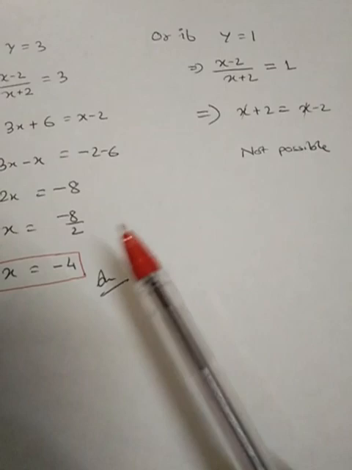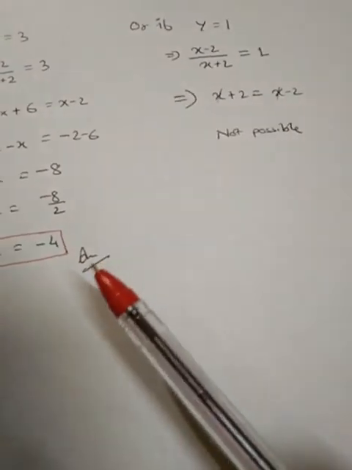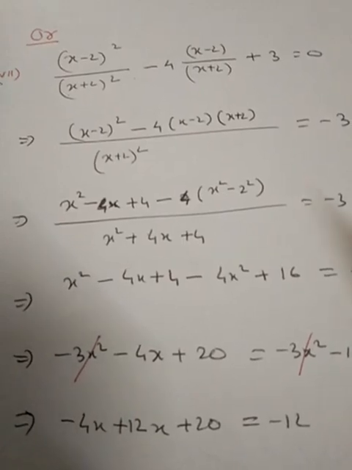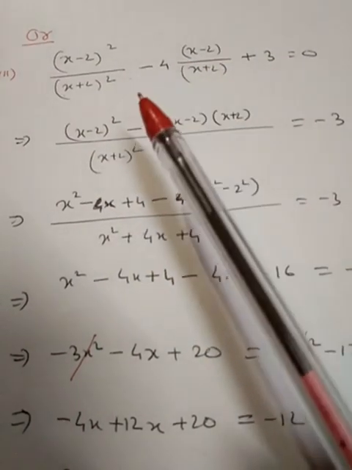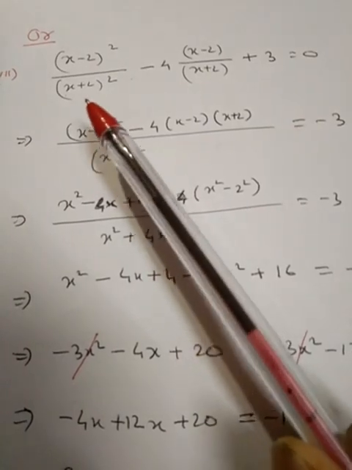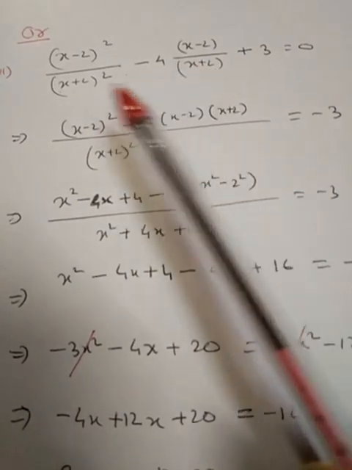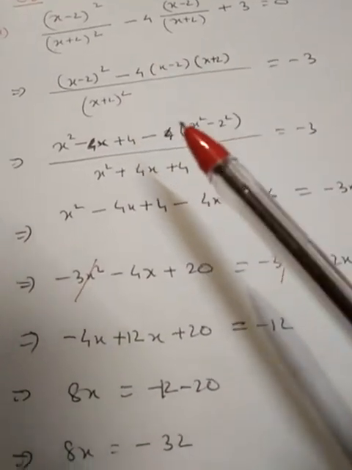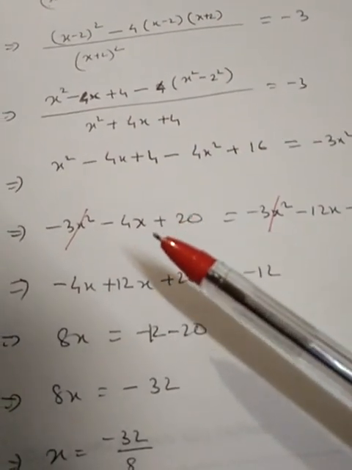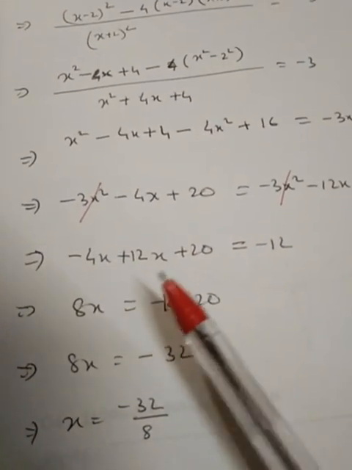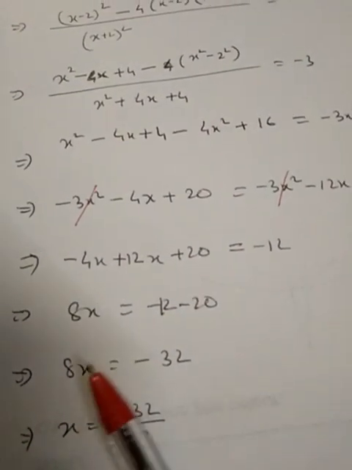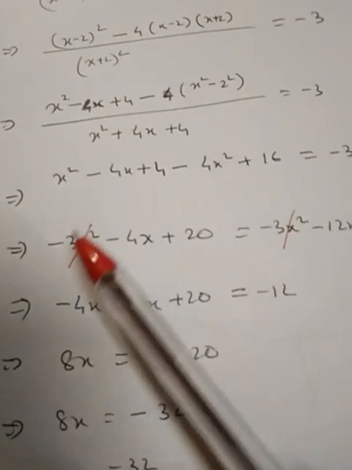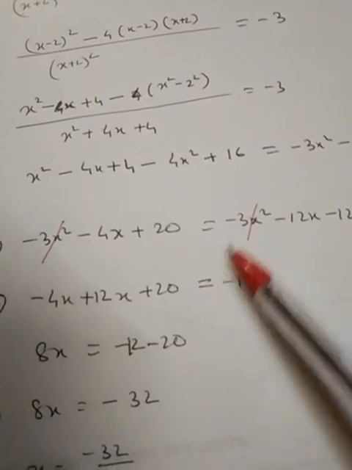If we do the sum in the usual way, taking LCM and simplifying, here we have taken LCM, x plus 2 whole square and x plus 2, so the LCM is x plus 2 whole square, and then simplifying, I am showing in short, we get this linear equation 8x equals minus 32, because you can see here minus 3x square and minus 3x square cancel out.